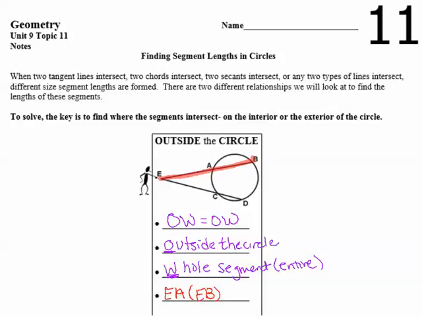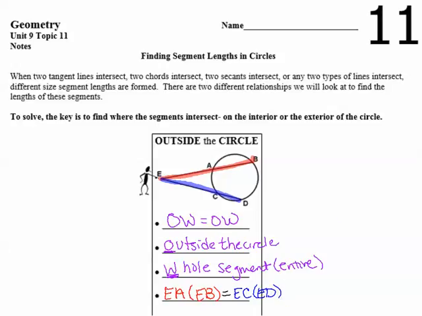Now, if I look at the other segment, and I'll make it blue, what do I know about this? This one is equal to, the part outside on the blue section is from E to C. The entire segment, the whole thing, is from E to D.